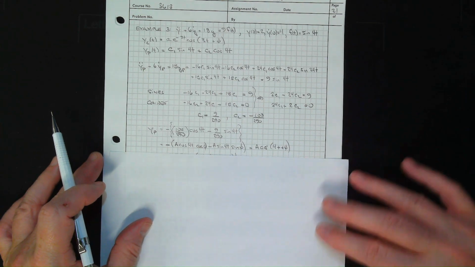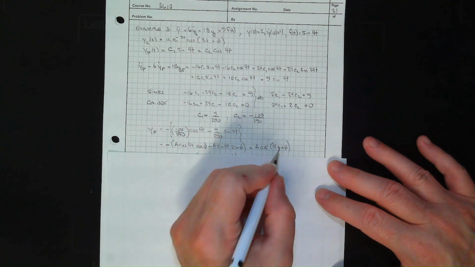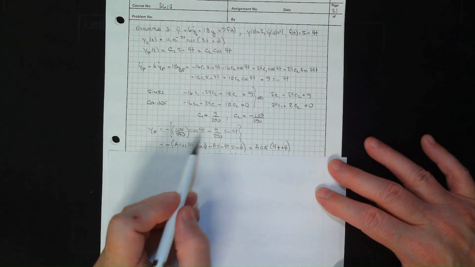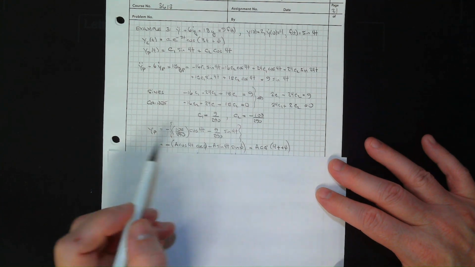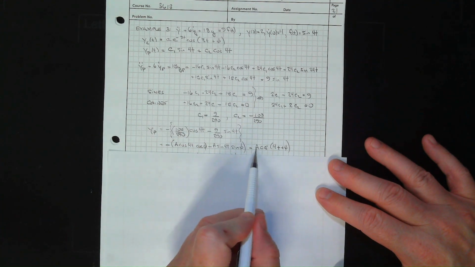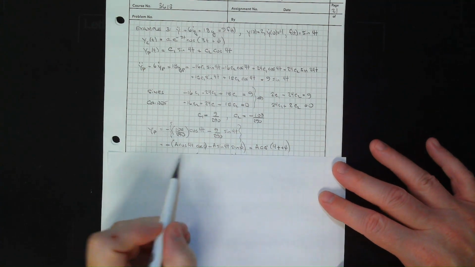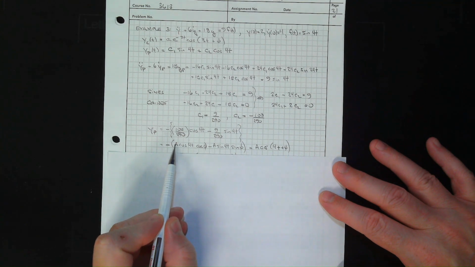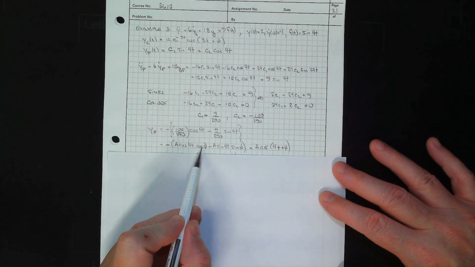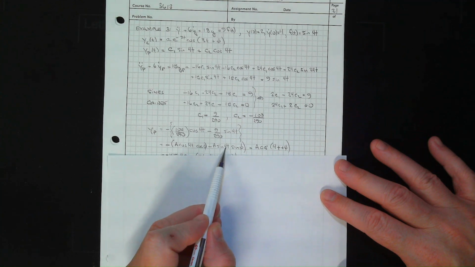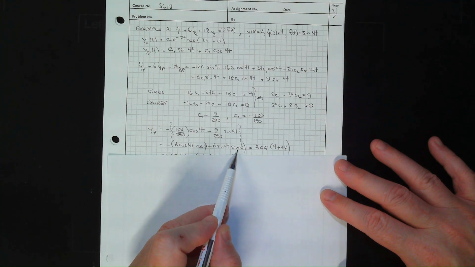All right, and once again, we can reduce this. We can write this as one sinusoid. Namely I'm going to write it as a cos 4t plus phi. If I do that, this is what the cosine looks like, a cos 4t cosine phi minus a sine 4t sine phi.